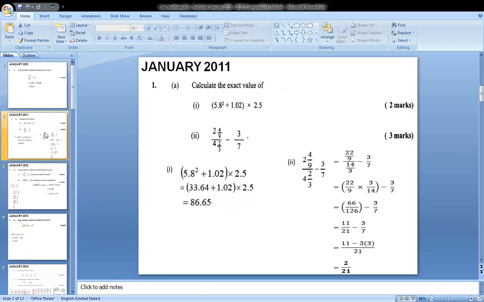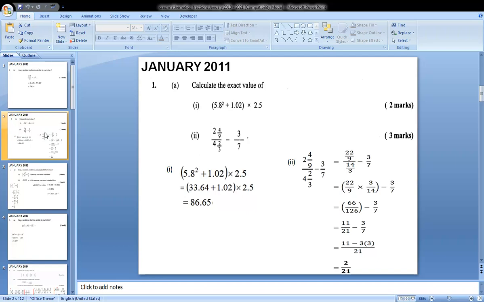So 5.8 squared, 5.8 times 5.8, gives us 33.64, and then we add 1.02 to that, and then we multiply that by 2.5, and we get 86.65. Let's move on to the second part.